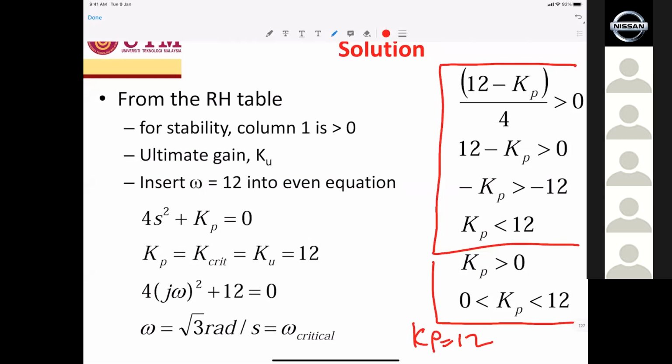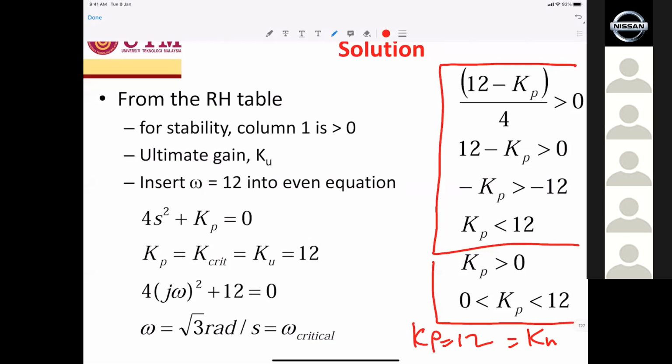Kp is equal to 12. Is it stable or not stable? Not stable. Tak faham lagi. Nuraina Syafiqah, Kp is equal to 12. Is it stable or not stable? Critically stable. Marginally stable.